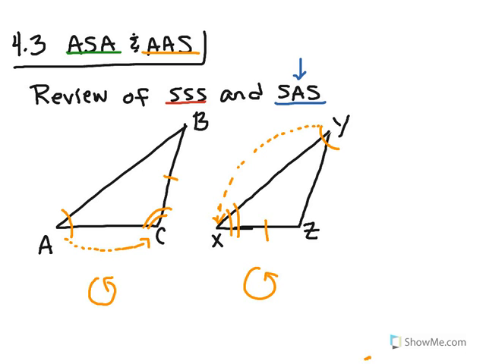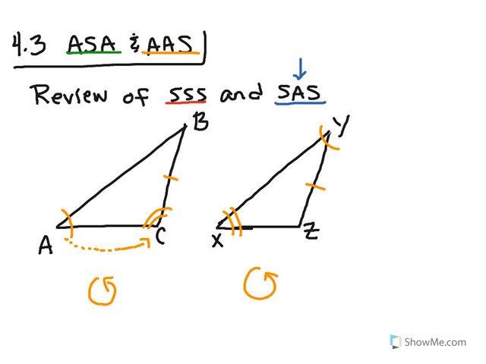Let's take a look at that. Let's say I start with angle Y again in triangle XYZ, and I do this angle, and then I do X, and then I say this side over here. Once again, this is not correct with the direction that I chose.